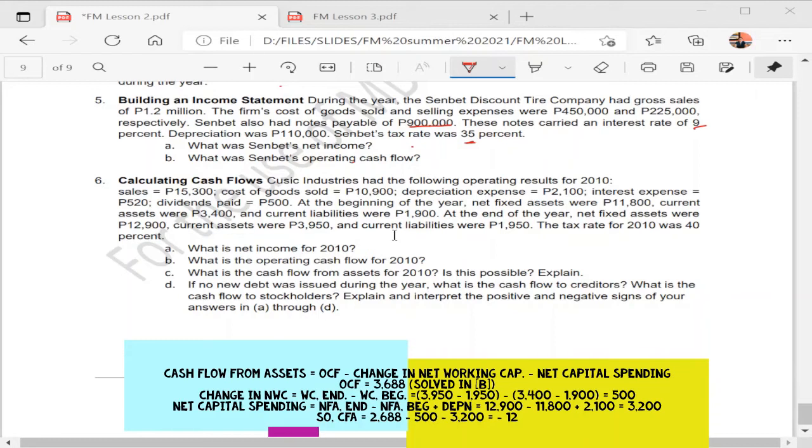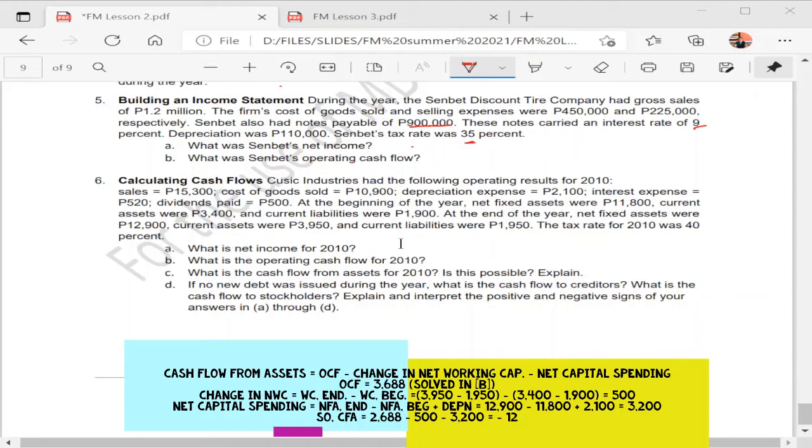And the negative 12 CFA here means that you need to find other sources of money. So we will raise additional funding, meaning we are short of money. So we need additional funding either from stockholders or from our creditors for the amount of 12.